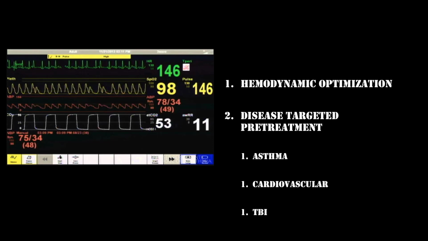And next we talk about disease-targeted pretreatments, and historically there's been 3 diseases that we consider giving a medication prior to an RSI to prevent deleterious effects of the laryngoscopy or intubation, and those are asthma, cardiovascular emergencies, and traumatic brain injury. And I think it's important to just take a second and pause here that unless we're talking about the very rare case with a patient who's got a complete airway obstruction and is peri-arrest, you always have some time to try to optimize your patient for this RSI.